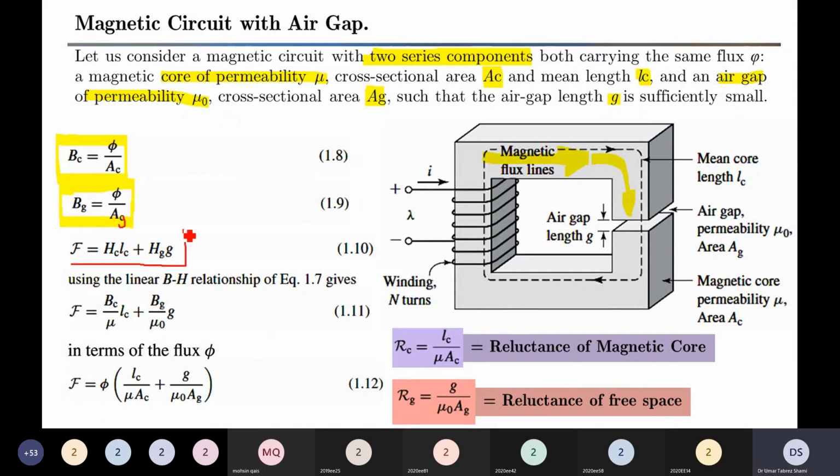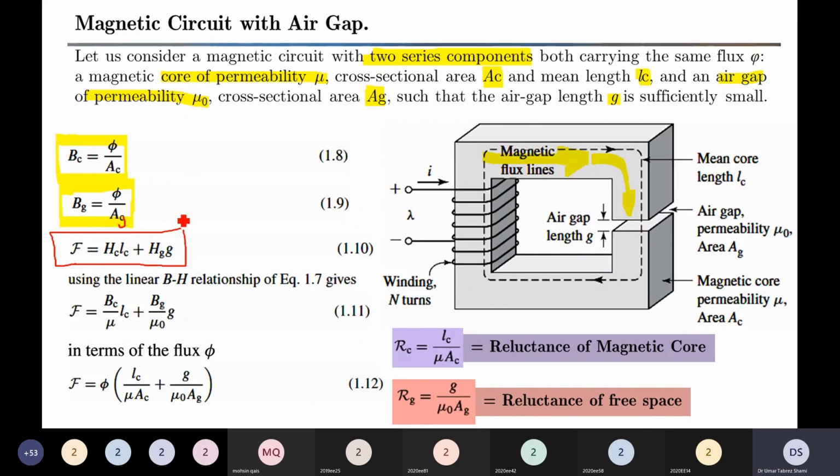This very important equation tells us that if we want to produce flux in a magnetic material with an air gap, then we will have to consider the MMF required to produce flux in the core plus the MMF required to produce flux in the air gap, and we add them together to get the total MMF.